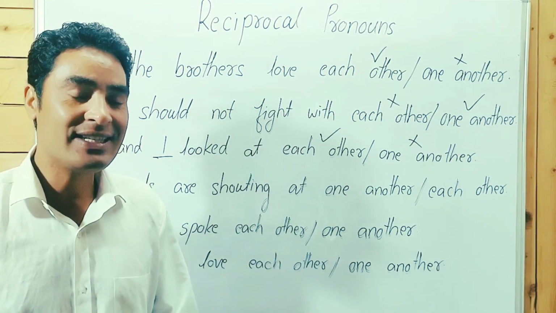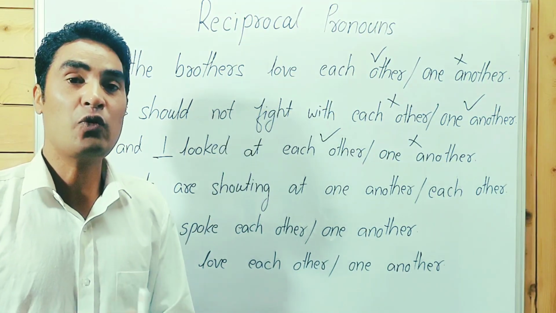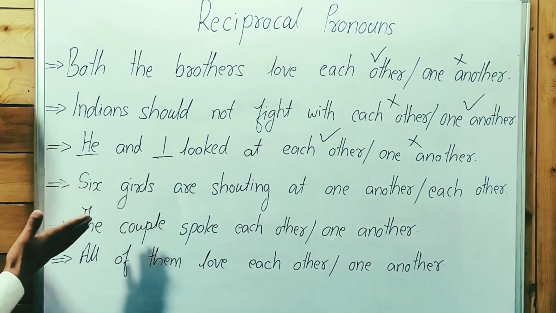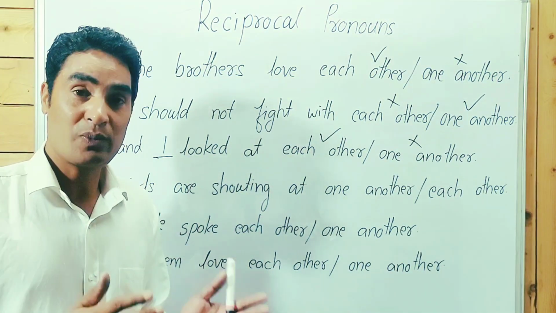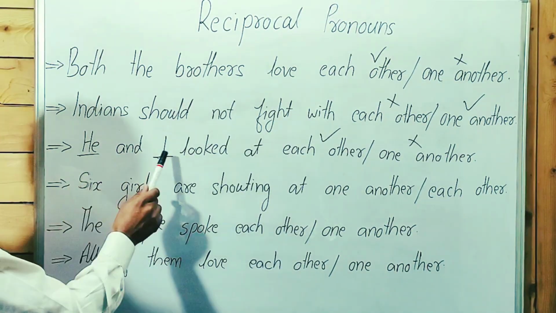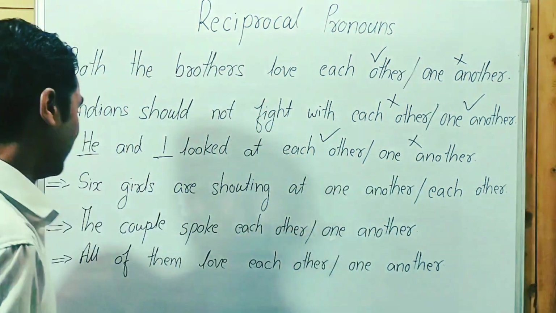I explained each and everything. If you are my regular viewers, you know very well about it. If you haven't watched those videos, please go to the description and watch. He and I looked at each other, not one another.